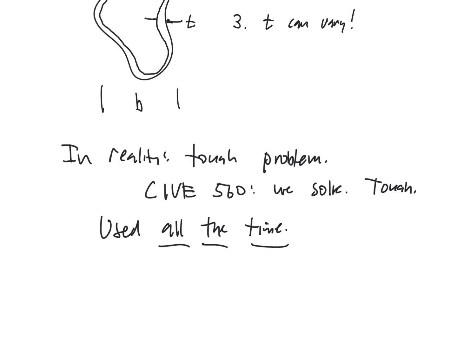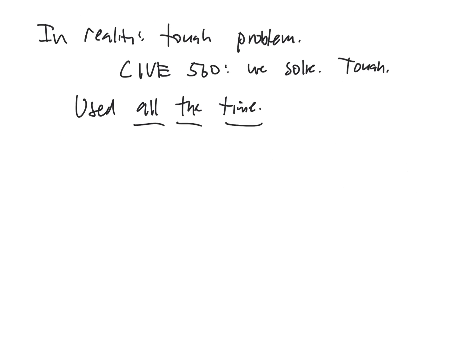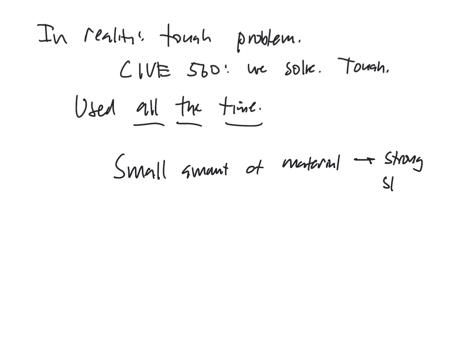Well, because it turns out that if you do make your section hollow, it's extremely efficient. You have a small amount of material, and it turns out that it's quite strong. And it's also relatively stiff. So it's resistant to shear stress, and it's resistant to rotation.